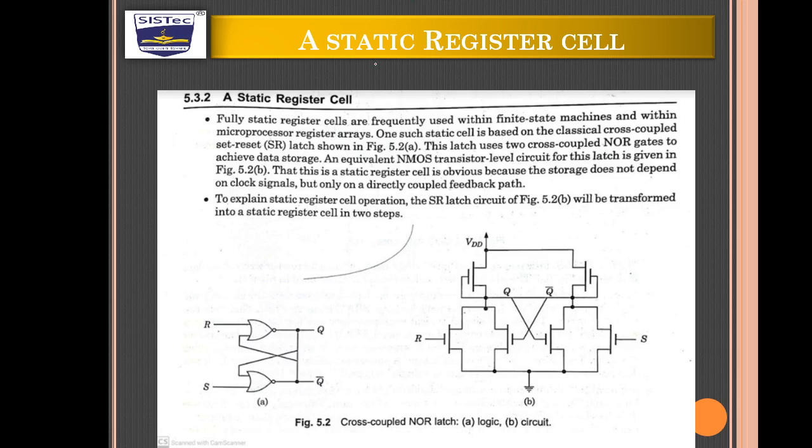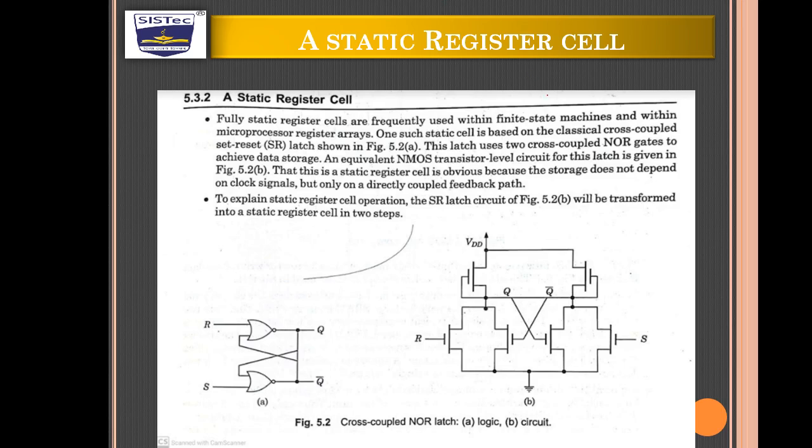When we talk about the static register cell, here we have a NOR latch. Fully static register cells are frequently used within finite state machines and within microprocessor register arrays.